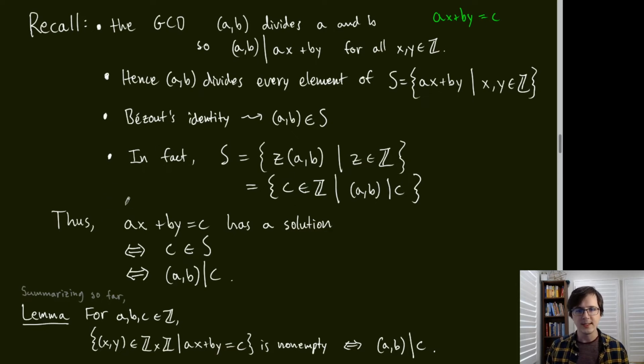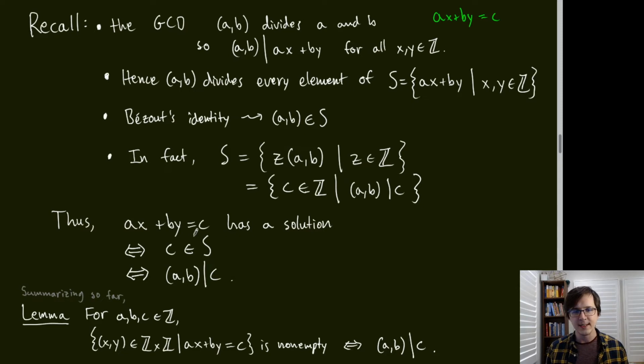And through all this, we get a bunch of logical equivalences. So let's say that ax plus by equals c has a solution for these x's and y's. Then one thing is, because the GCD divides ax plus by, then c is an element of S. And also conversely, if c is an element of S, then this equation has a solution. And also, we characterized what S was in this previous line as that the GCD divides c.